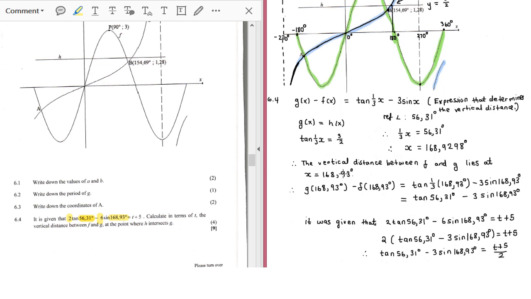What was this? Well, it is the vertical distance. So therefore we've determined that the vertical distance can be given by the expression t plus 5, all of this divided by 2.